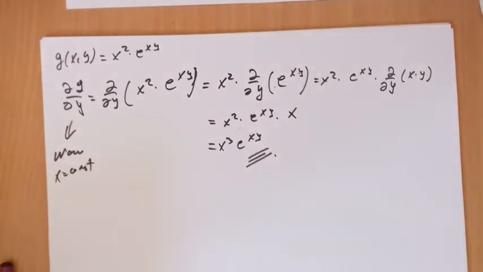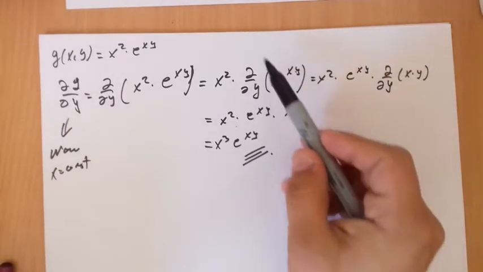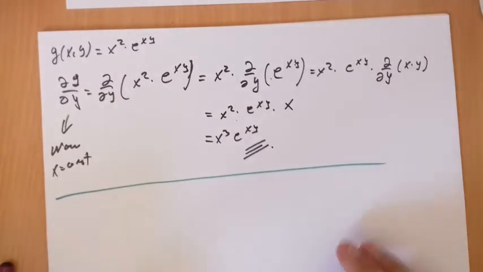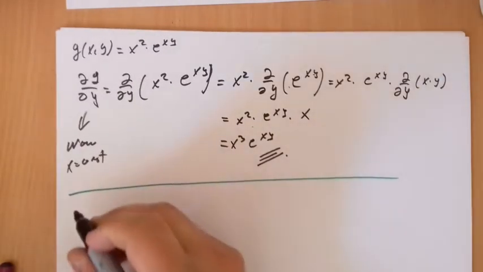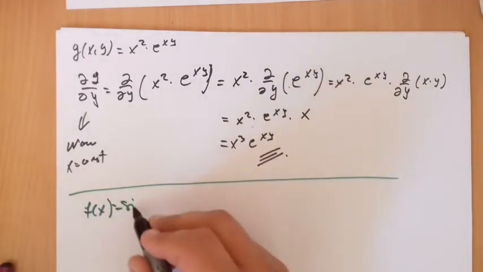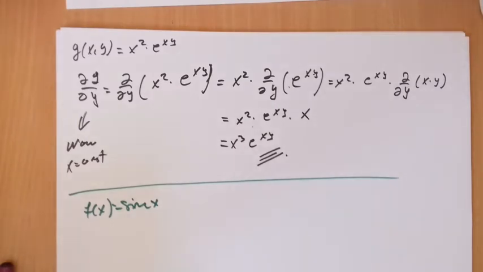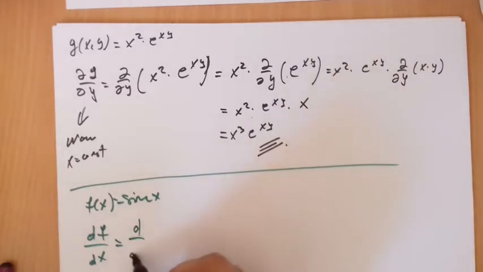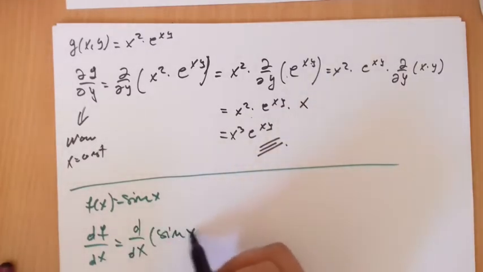So maybe I should do one more example in this part. For example, if we have f of x equal to sine of x, take the derivative of this, df by dx, d by dx of sine of x.